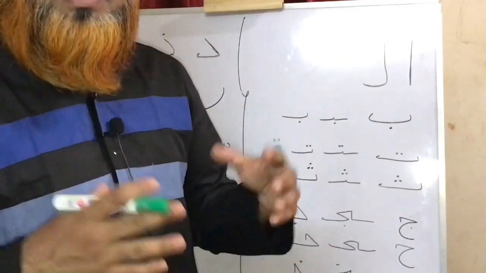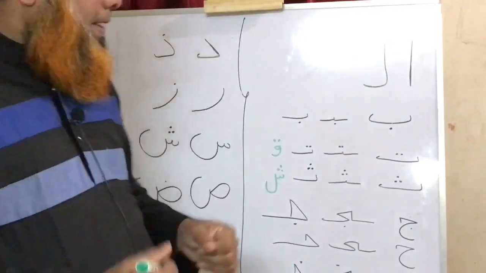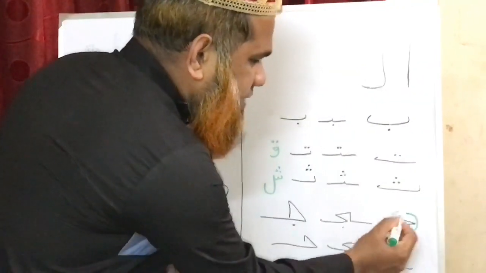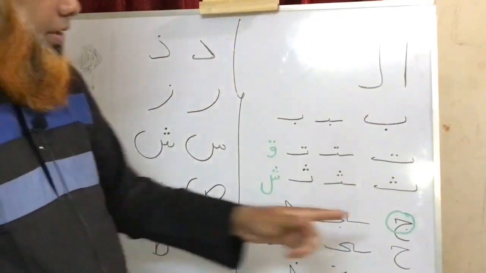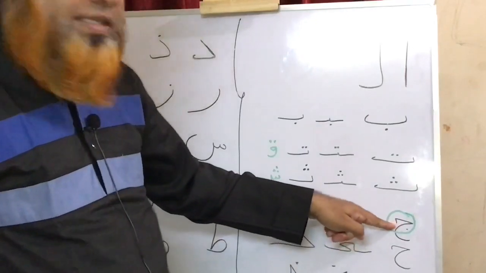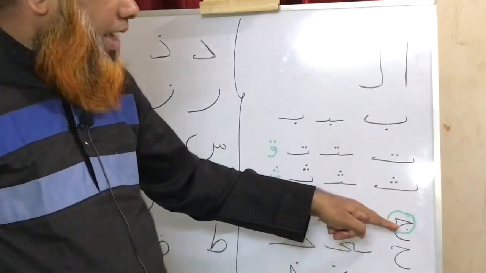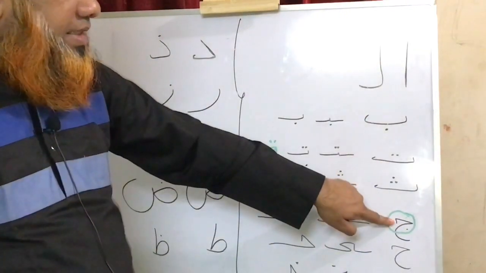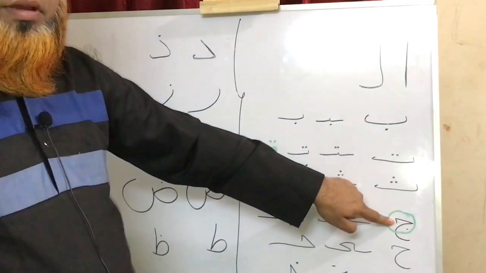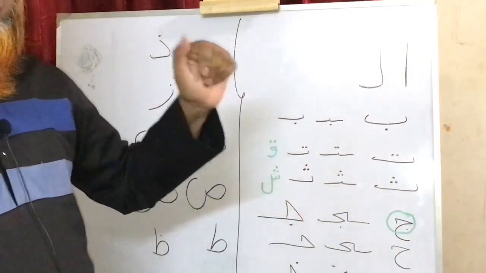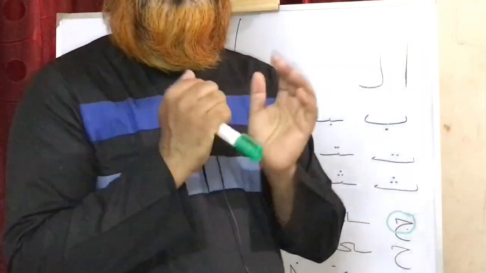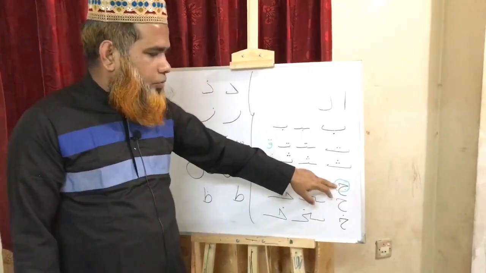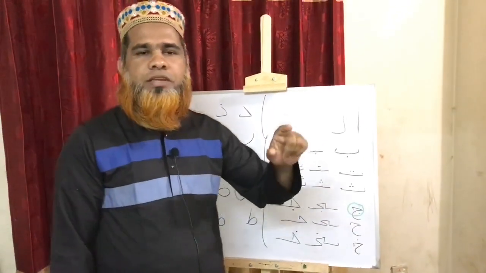So the main feature of jim that you will have to remember is this bend and curve, and the dot underneath. If you see this shape and a single dot at the bottom, it will be jim.